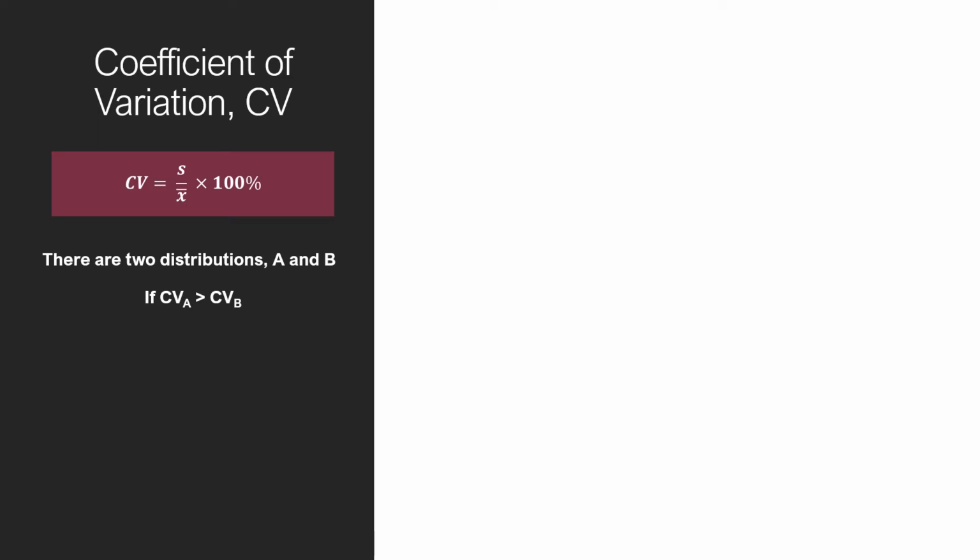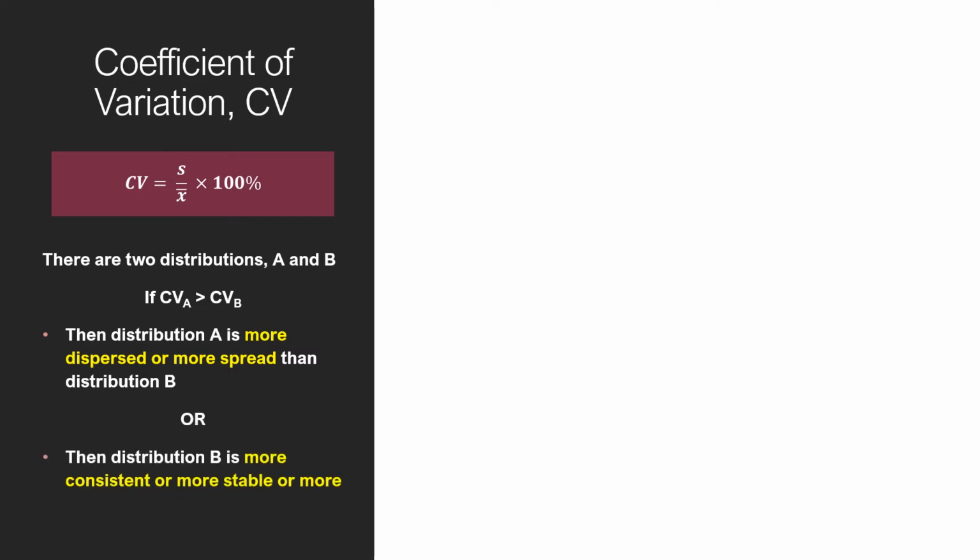For instance, there are two distributions A and B. If the CV of A is more than the CV of B, we can say that distribution A is more dispersed or more spread than distribution B. Or we can say that distribution B is more consistent, more stable or more uniform than distribution A.